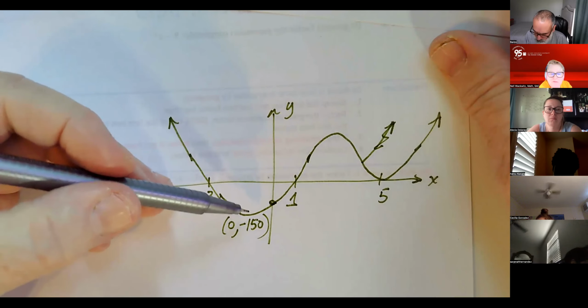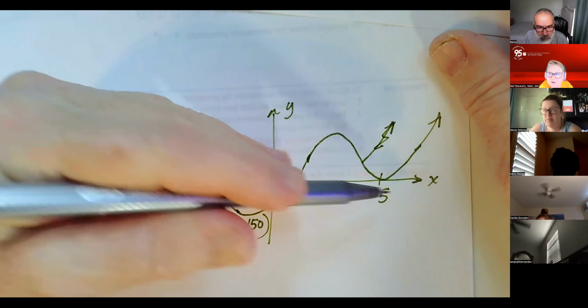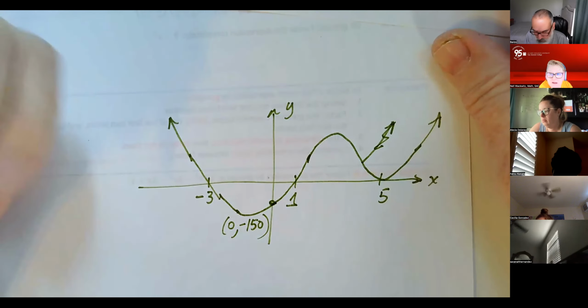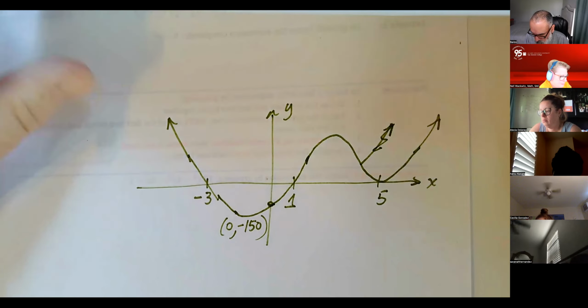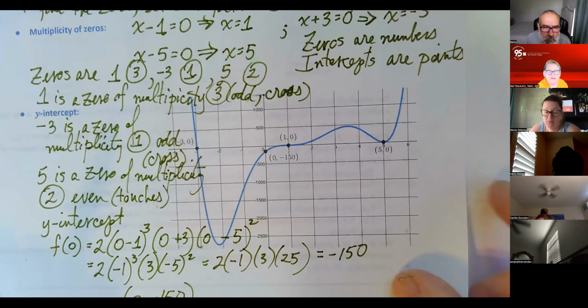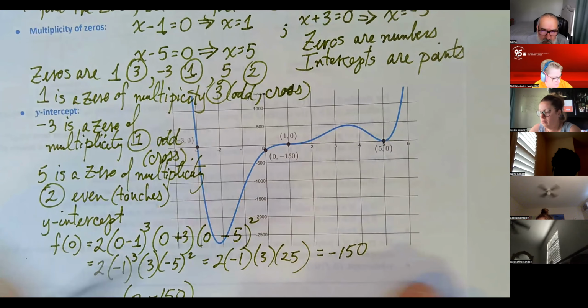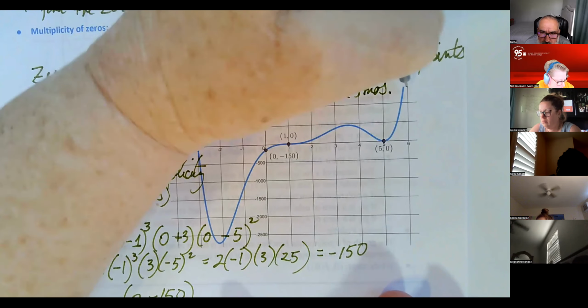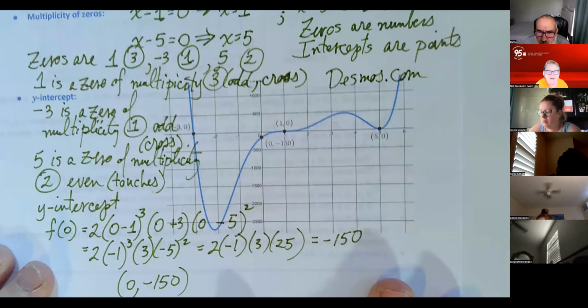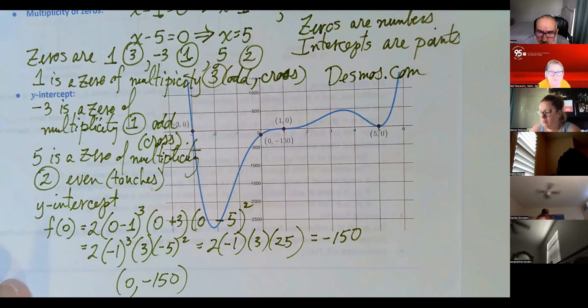In order to find the value of these places where it turns, you have to have calculus. So we're not going to worry about that. Here's what this graph actually looks like using Desmos. Desmos.com is a free graphing calculator.